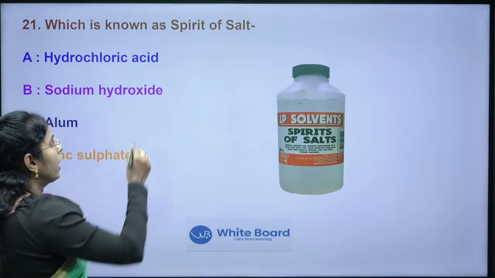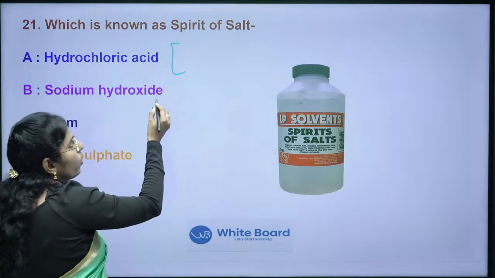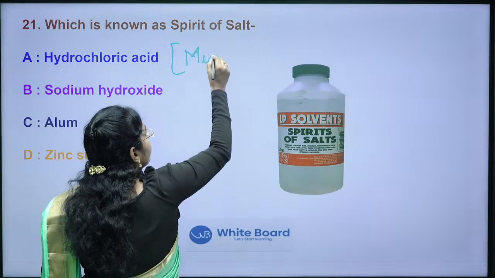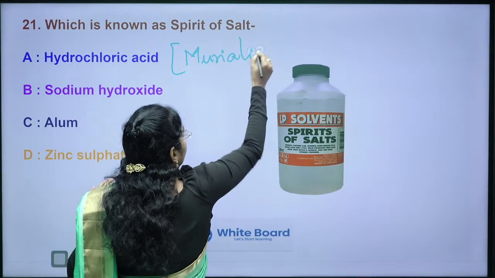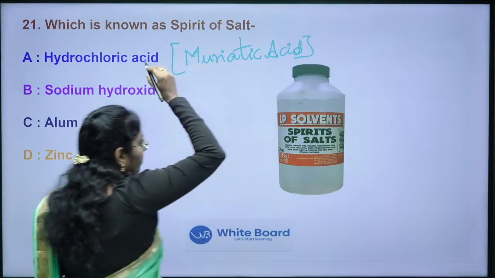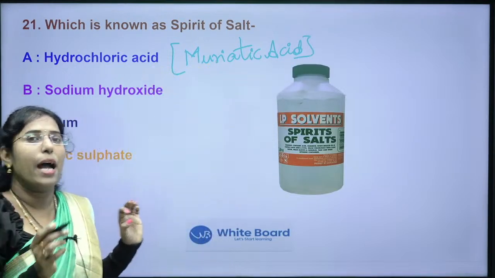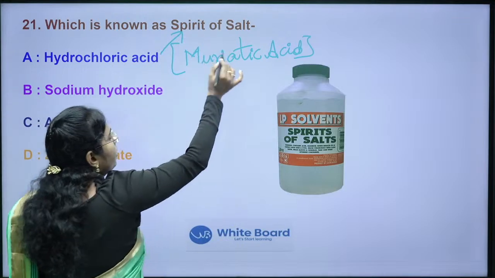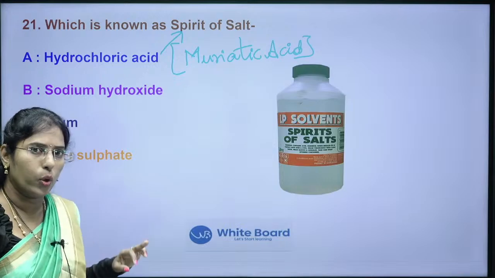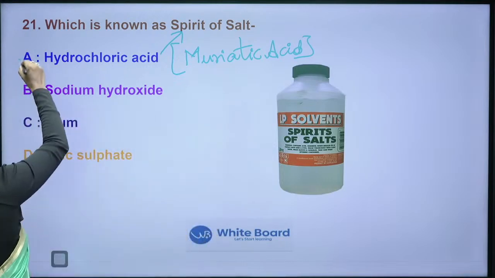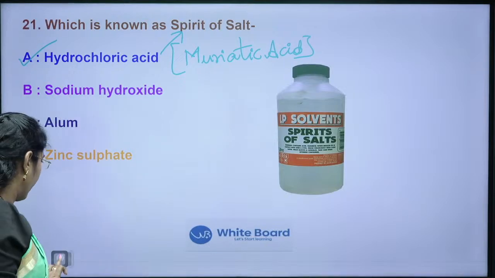The synonyms of hydrochloric acid are spirit of salt, muriatic acid, and acidum hydrochloricum. These 3 are synonyms of hydrochloric acid, so the first option is the correct answer.